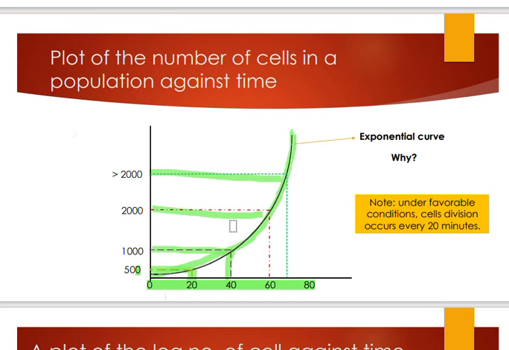So when all factors are favorable to your microorganisms, for example your bacteria, which can undergo binary fission, cell division will occur every 20 minutes. I hope you understand why there is an exponential curve for the microbial growth of your microorganisms.